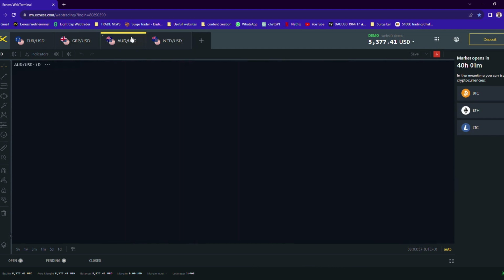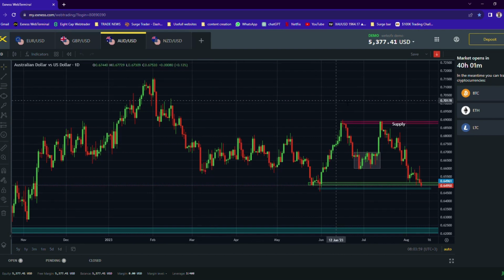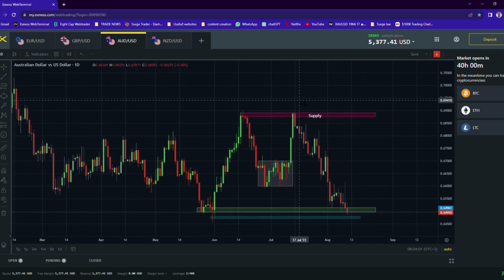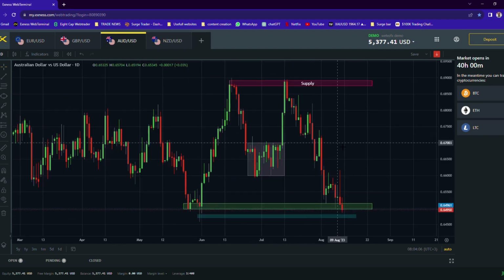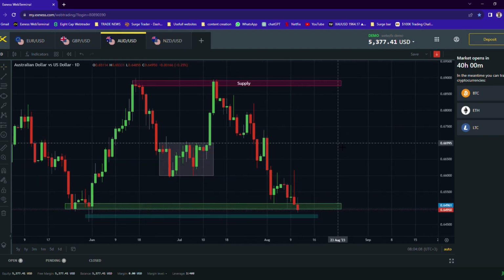So let's look at AUDUSD. Unfortunately, AUDUSD has been bleeding, and this is not good for AUDUSD. So the previous weeks, AUDUSD has been in a very big downward trend, and we are looking at this very big support, the price is trying to break that support.